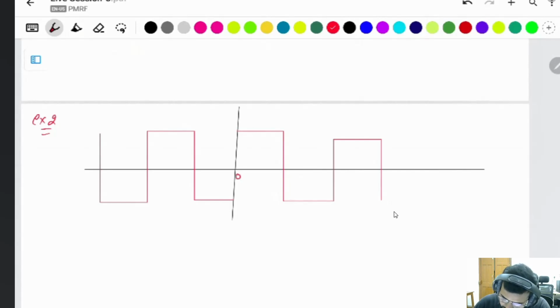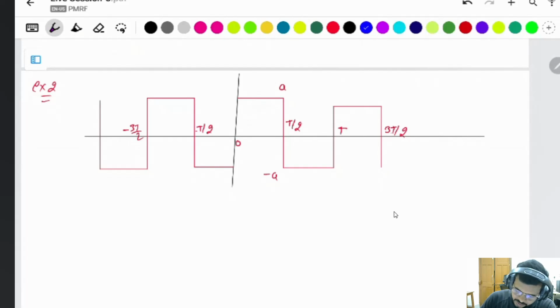This will be 0 point, this will be minus of a. This is t by 2, this is t, this is minus of t by 2, this is 3t by 2, this is minus of 3t by 2.